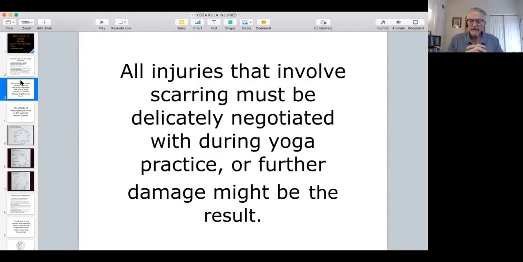I harp on this point because it is so common and happens so often that people in their ambitions hurt themselves, and that can only further limit the development of their yoga practice and their journey towards the asanas and the benefits that those postures have to offer.